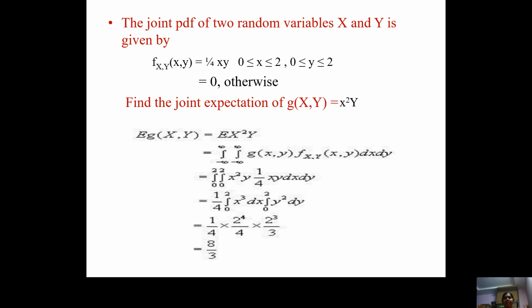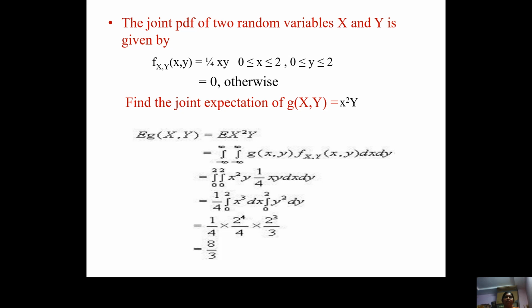So x and y are distributed between the values 0 and 2, and this density function is 0 otherwise. If the values are less than 0 or greater than 2, they will be 0. Find the joint expectation of g of x y, where the function we have taken is x square y.